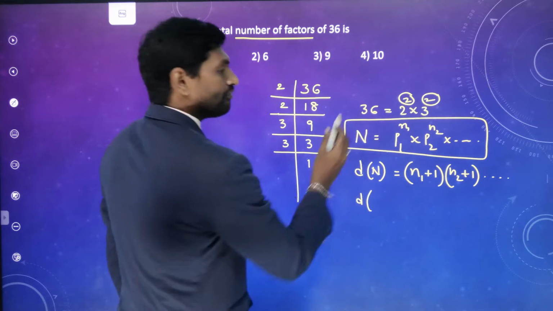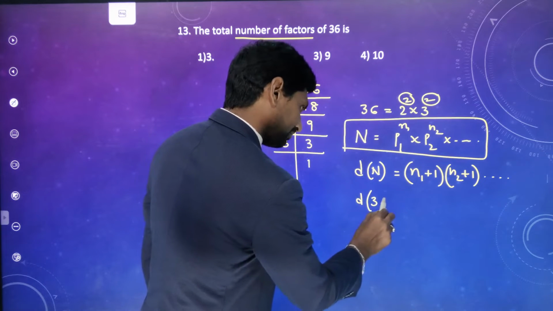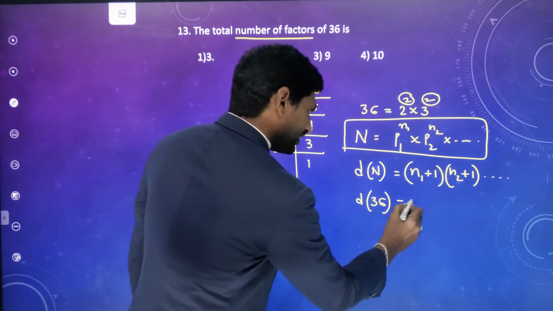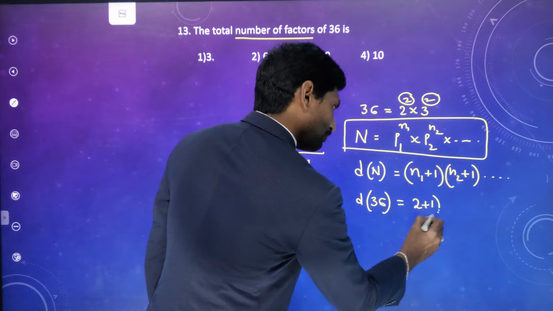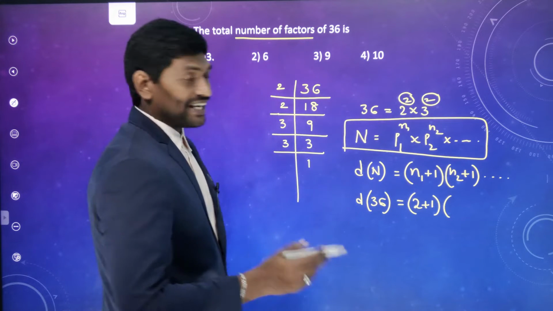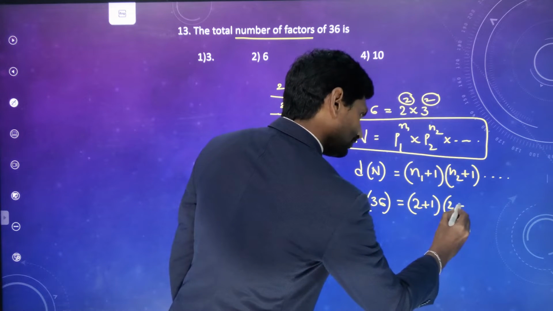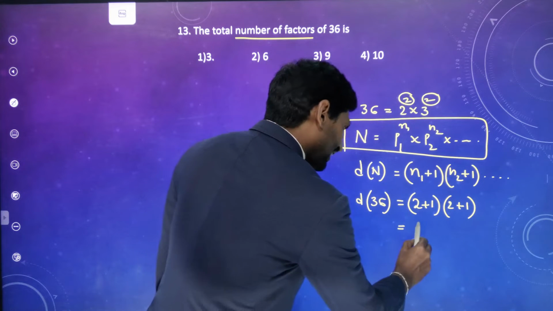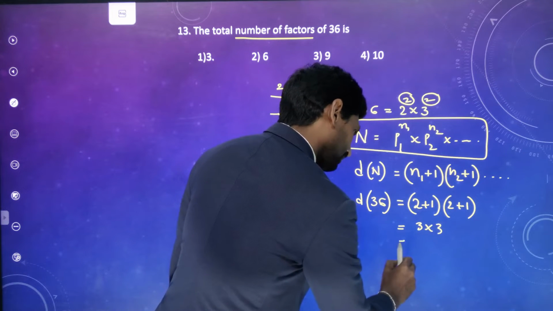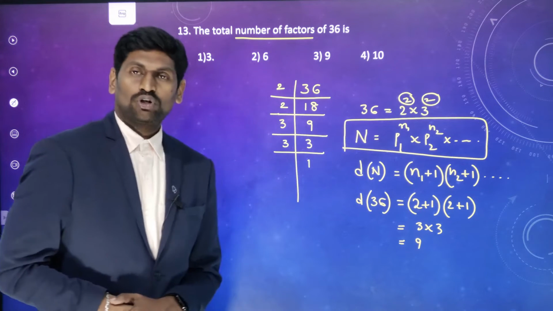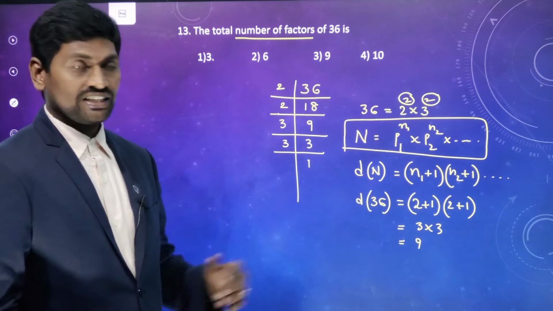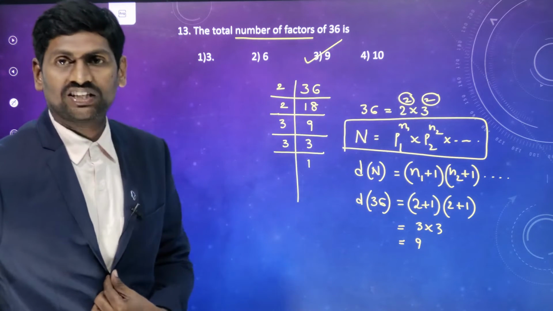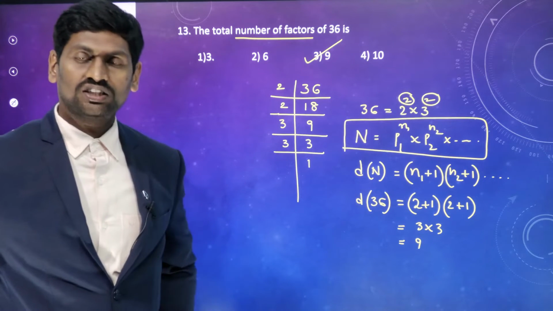Divisors of 36. The first exponent is 2, so 2 plus 1, into, the second exponent is also 2, so 2 plus 1. 2 plus 1 is 3, here also 3. 3 into 3 is 9. Therefore, the total number of factors for 36 is 9. So our answer is obviously 9. Got it?